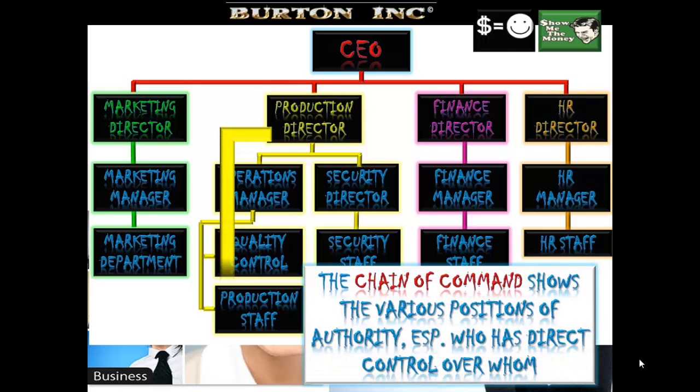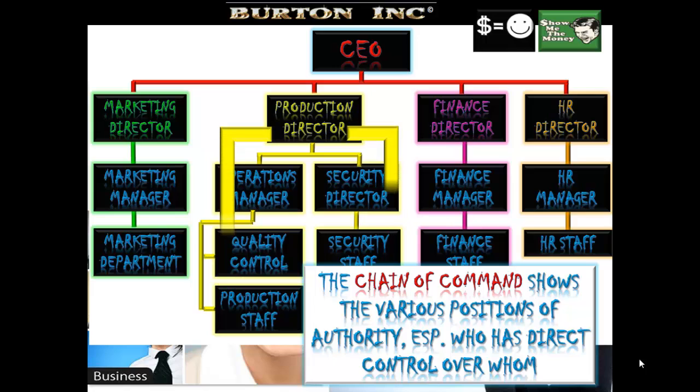Chain of command shows the various positions of authority, especially who has direct control over whom. From the bottom going up, production staff report to the operations manager, quality control reports to the operations manager, the operations manager reports to the production director, who in turn reports to the CEO.